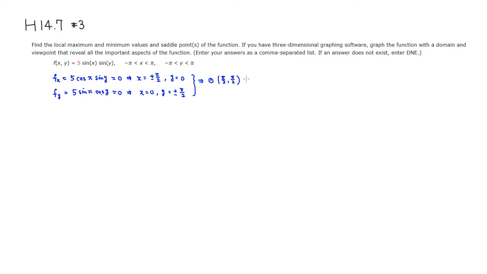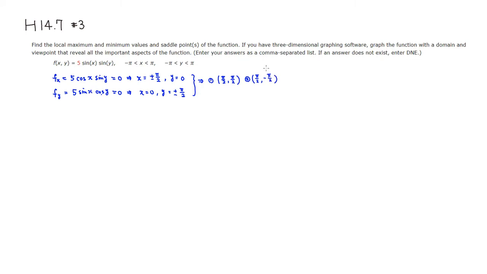The second critical point: let's still do a positive pi over 2 for x, and then y is going to be equal to negative pi over 2.